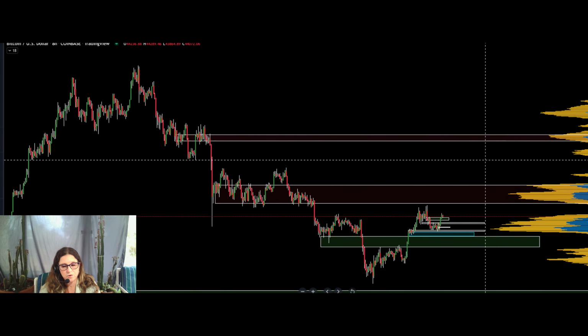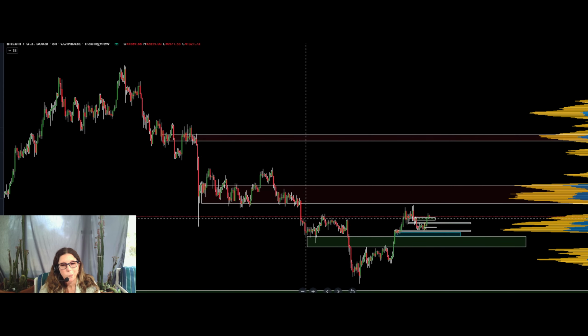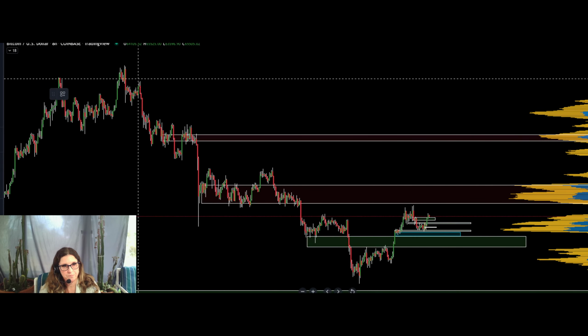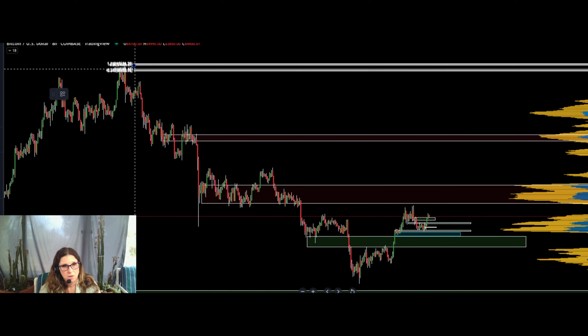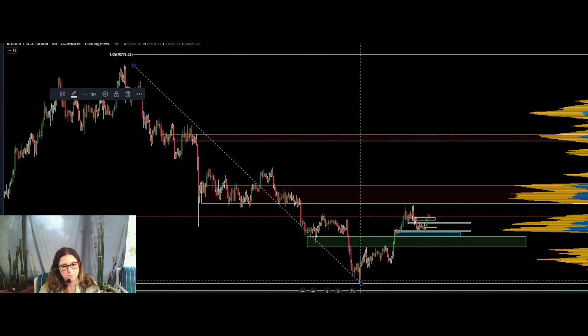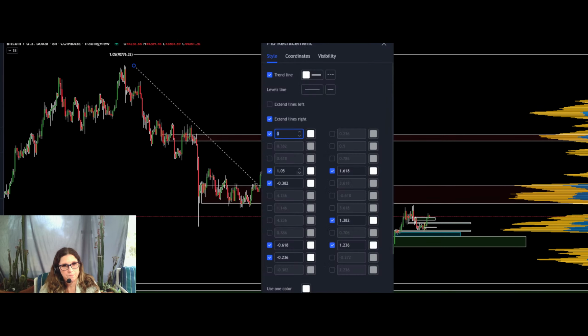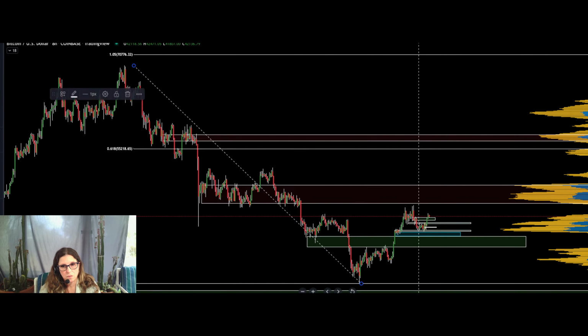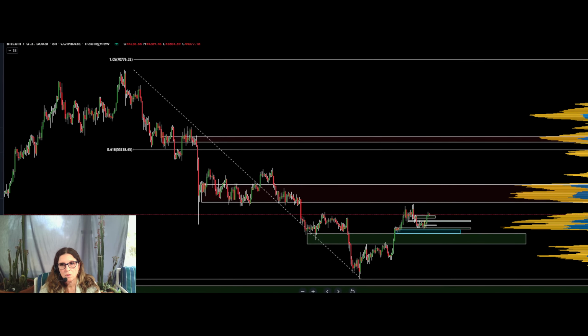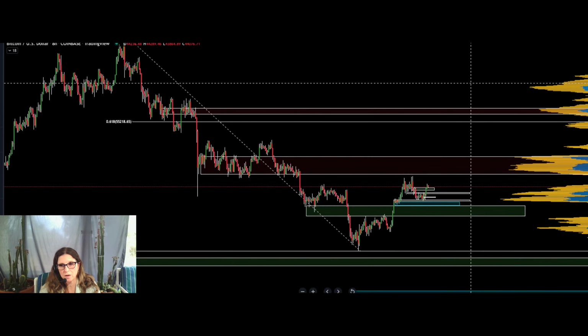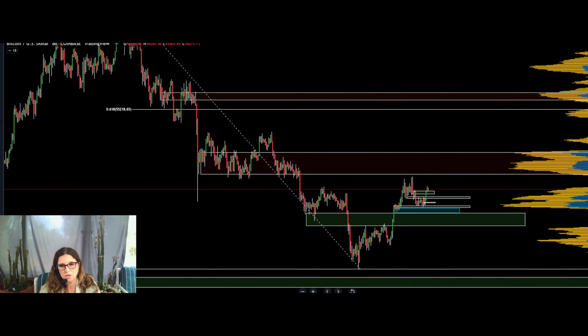Well, let's talk about a few things if we do get it. Well, there's one other correction in Elliott wave that starts with 5 waves also, and that is a zigzag.